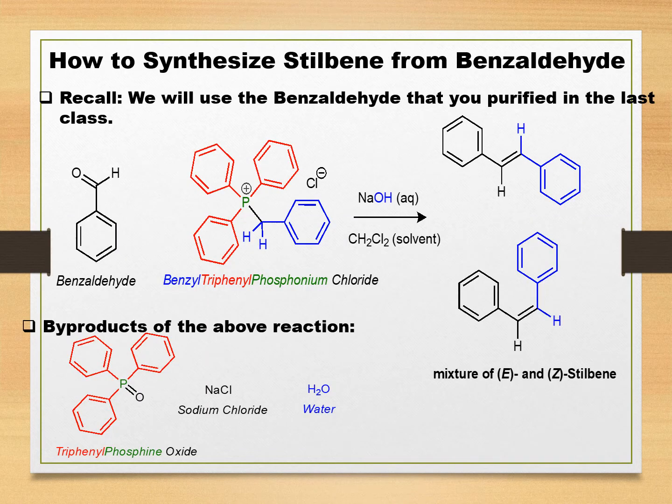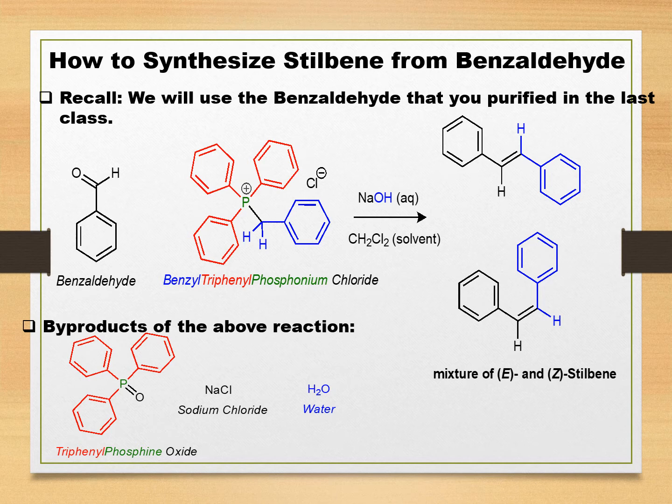So synthesis of stilbene can be started from benzaldehyde and a very important electrophile, which also later acts as a nucleophile, called benzyl triphenyl phosphonium chloride.